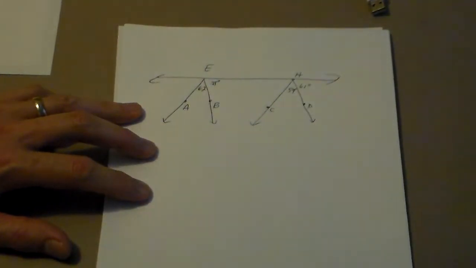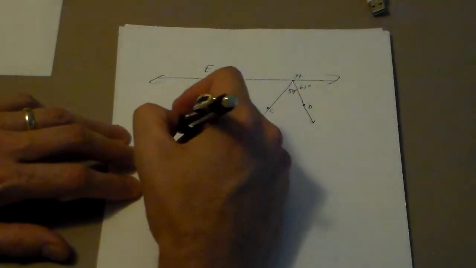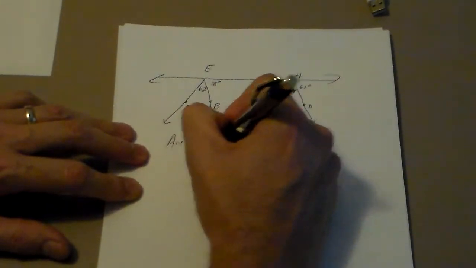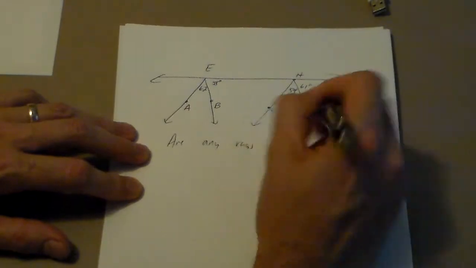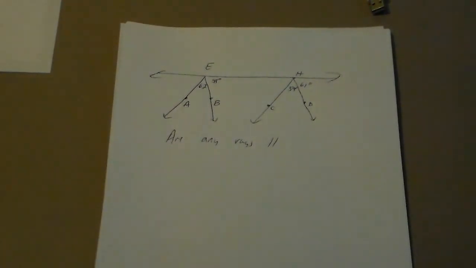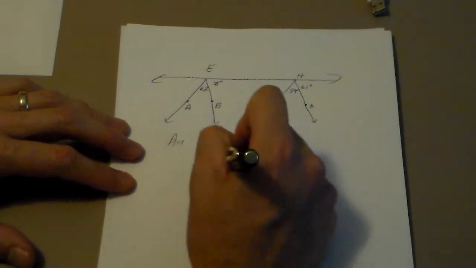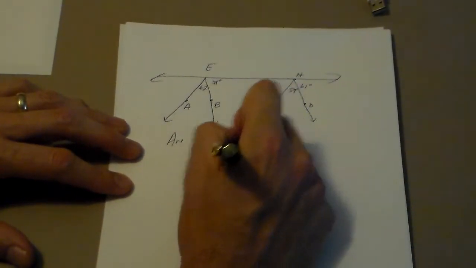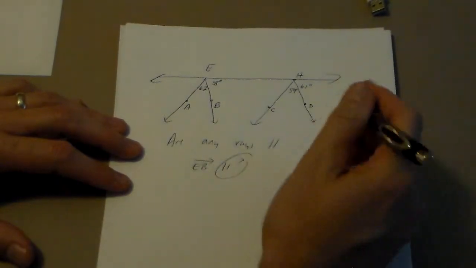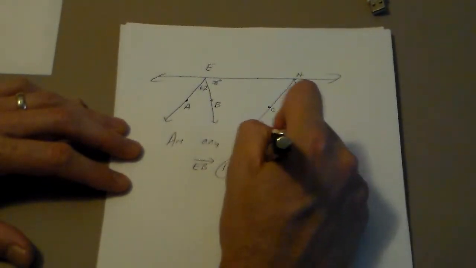They'll say, are any rays parallel? The first two I want to check are ray EB, is that parallel to HD?